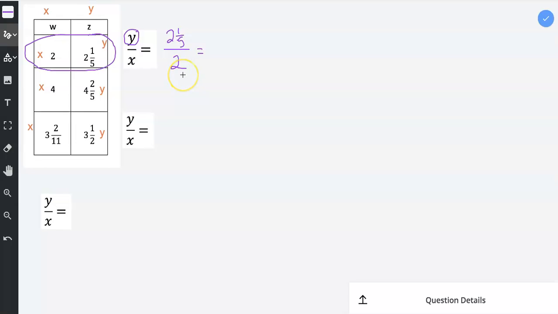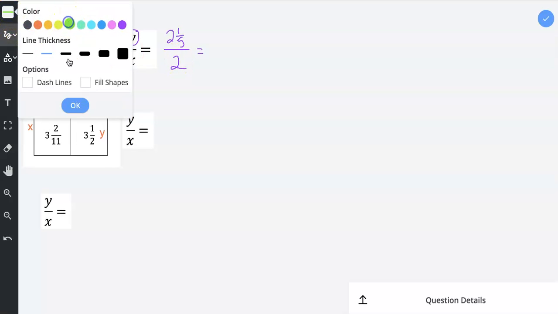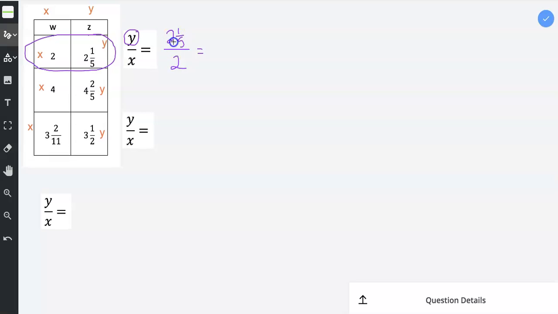This is a complex fraction, so we need to follow our complex fraction steps. The first complex fraction step is to change the numerator and denominator to a fraction. So I'm going to grab a different color so you can see what I'm doing. I start by multiplying 2 times 5, and I get 10.